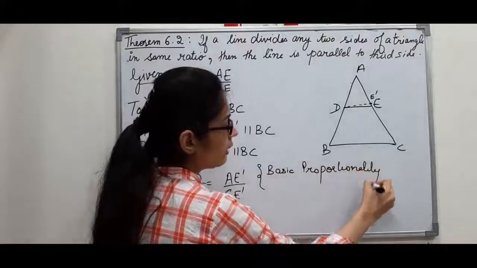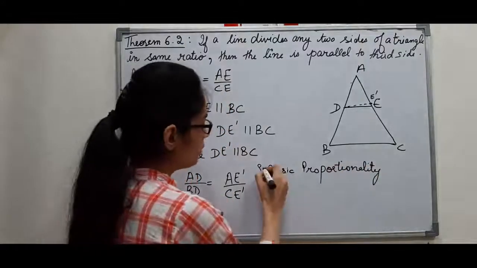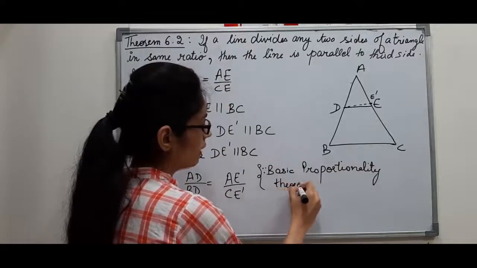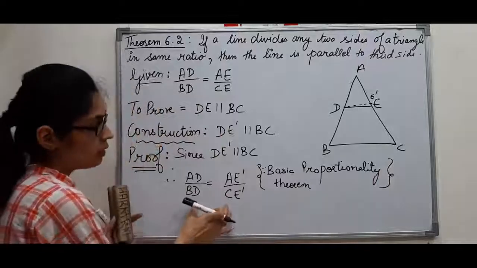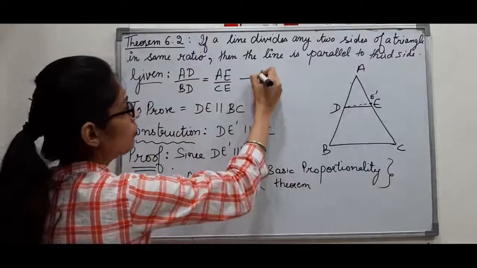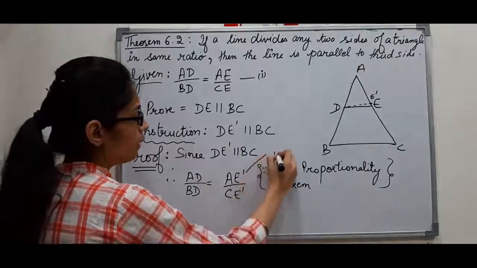Whatever you are writing in a theorem, you have to write a reason for it. So it is because of the basic proportionality theorem, or I can say our theorem 6.1, which we have already proved. So this result we are using from that theorem. Now this thing is given to us. I'll mark this as point one and this I'll mark as point number two.